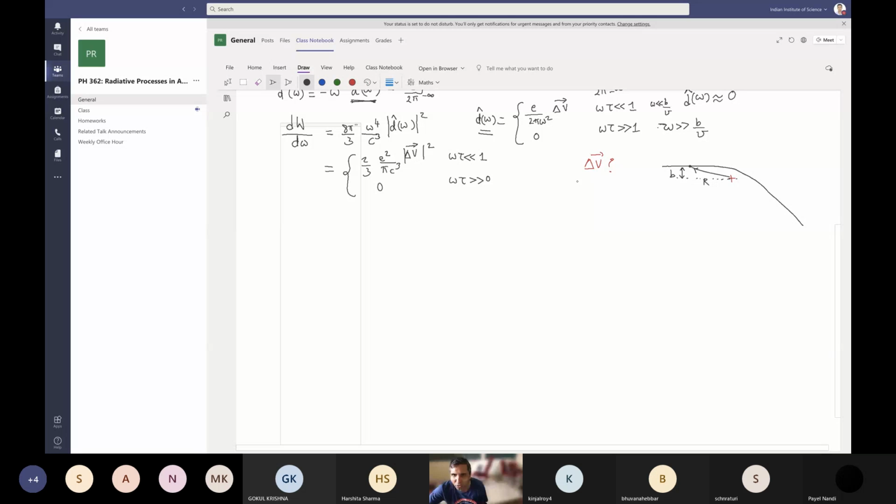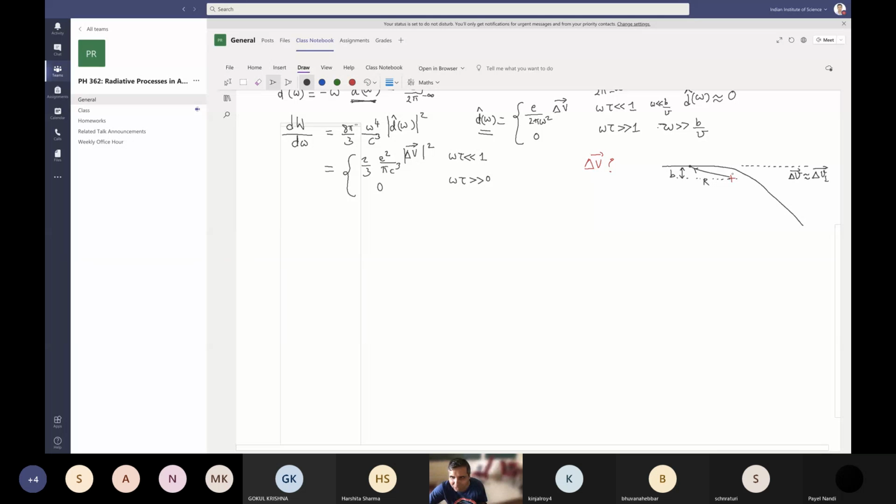So what is V? If you're considering small angle scattering, basically this is exaggerated. What I'm saying is delta V: the parallel velocity more or less remains the same, but delta V is really about delta V perp. It's happening in the perpendicular direction.